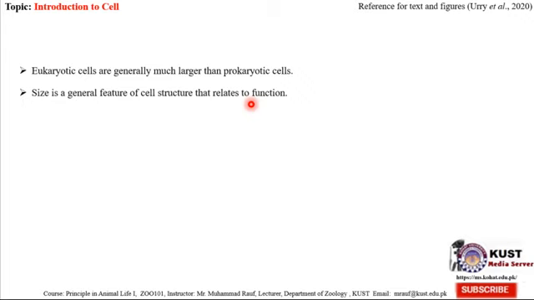The maximum size of a cell is influenced by its requirement for enough surface area to obtain adequate nutrients and oxygen from the environment and dispose of wastes. Size is also limited by the distance these materials must diffuse within a cell. So the extent of metabolic activities and the function performed by a cell determine the size of the cell.